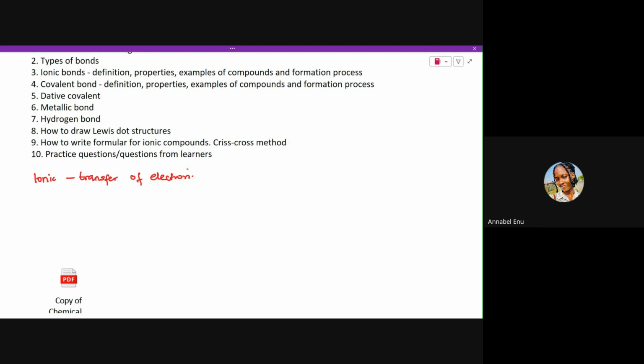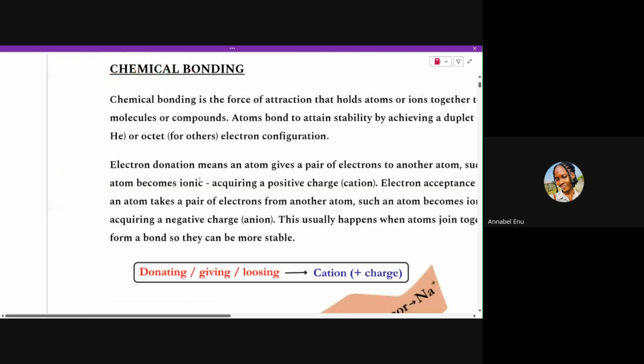And then we cannot talk about stability without talking about electronic configuration of the periodic table. So in simple terms, we can say ionic bonding has to do with the transfer of electron.